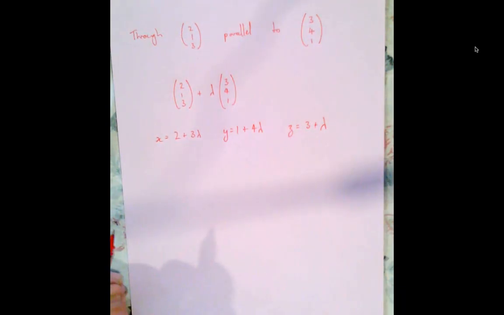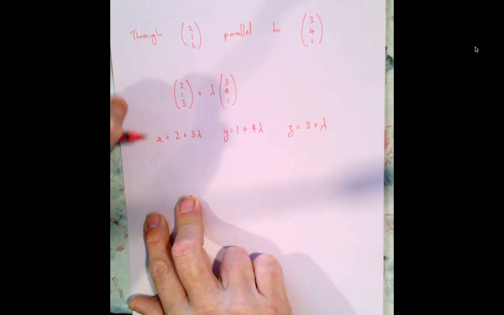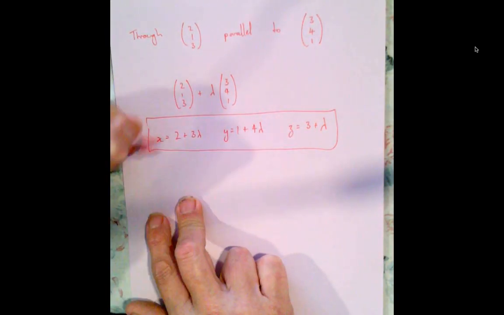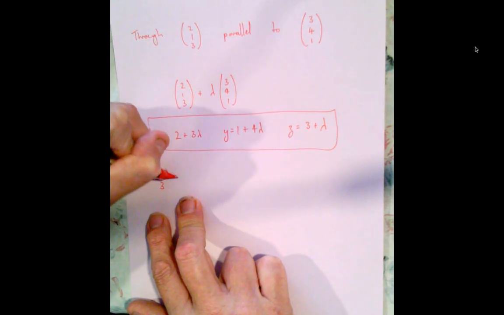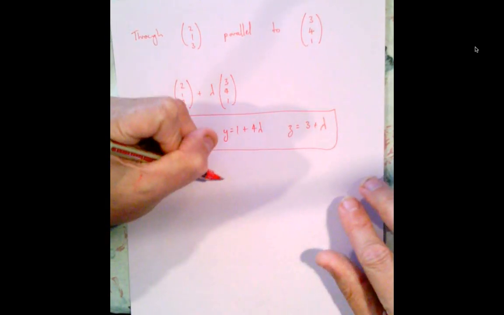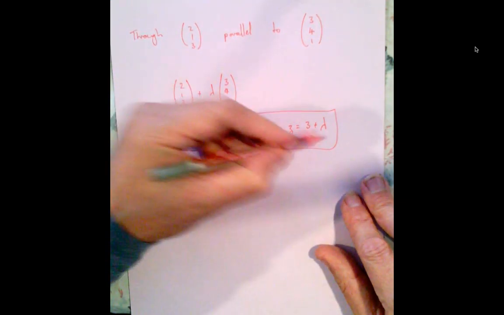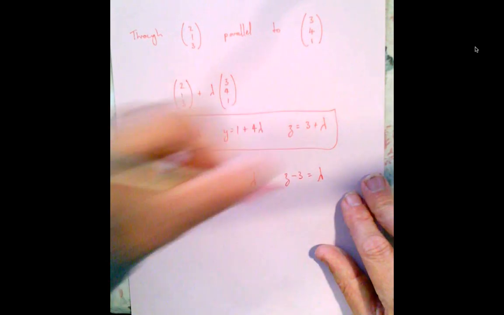And again, we can make lambda the subject of all of these fairly quickly. So here's one way to look at it. The other way, it becomes x minus 2 over 3 equals lambda. This becomes y minus 1 over 4 equals lambda. And this is just z minus 3 equals lambda.